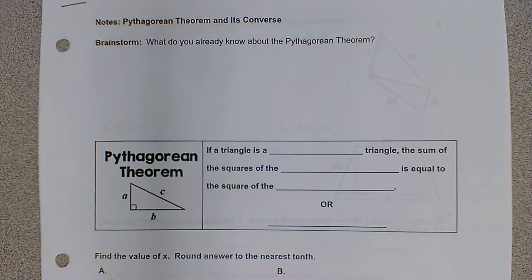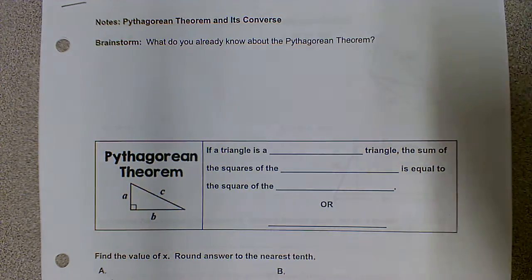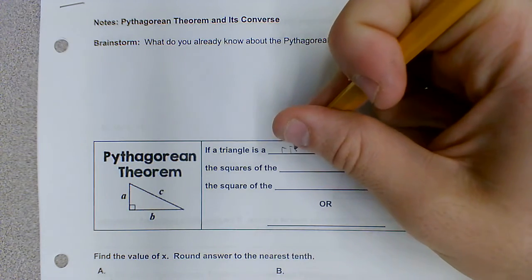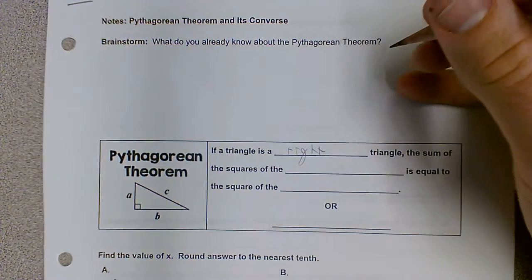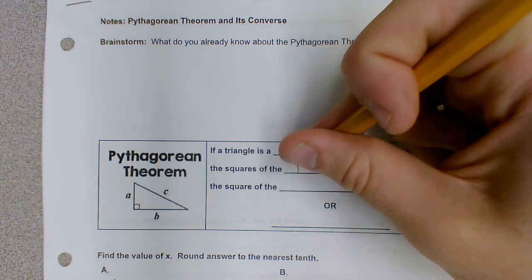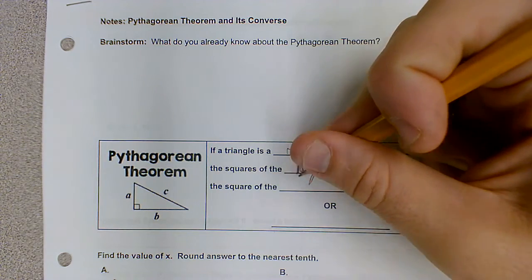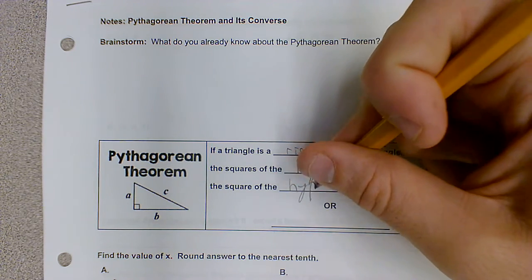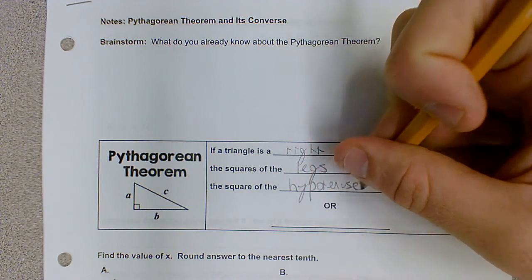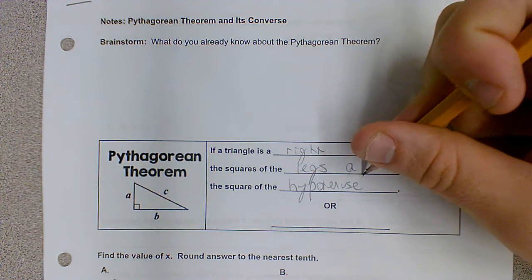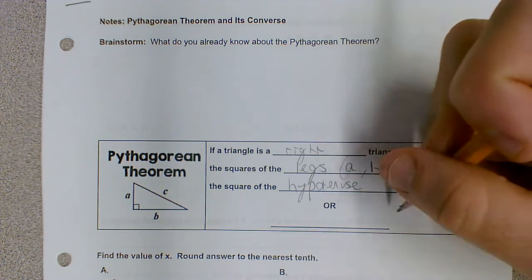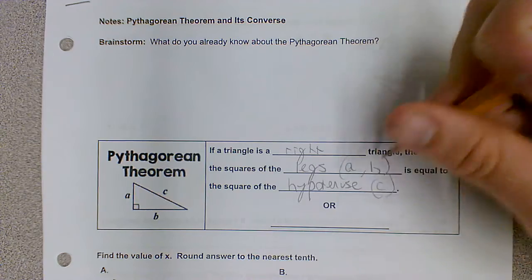weird situations. So I'm actually going to start with this definition in the middle of our page. And it really just says this. If a triangle is a right triangle, then the sum of the squares of the legs is equal to the square of the third side, the hypotenuse. Or another way, a and b is equal to c.